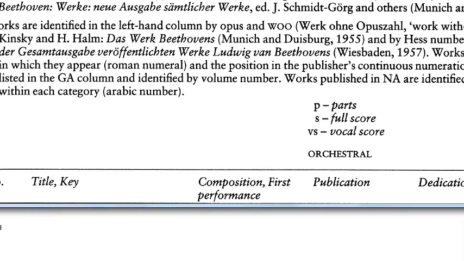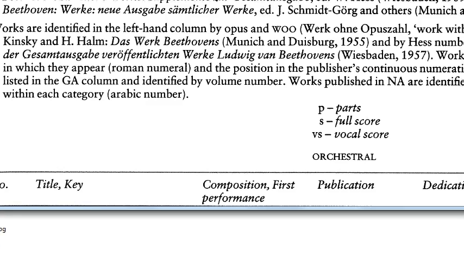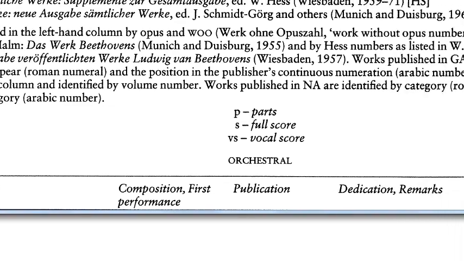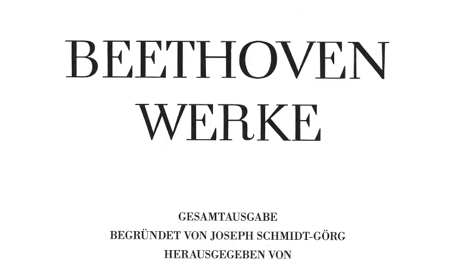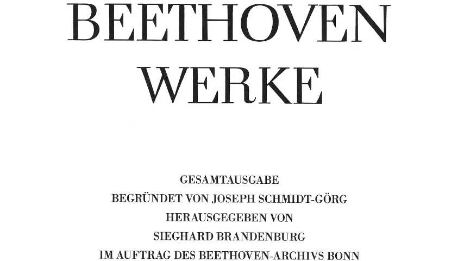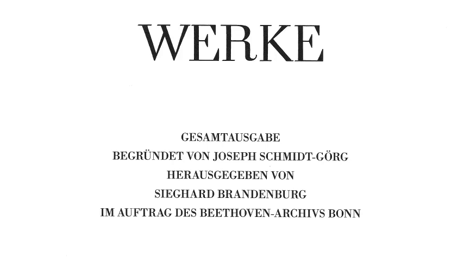Then, the Neue Ausgabe Sämtliche Werke, begun in 1961 and abbreviated NA for Neue Ausgabe. Note that the words Neue Ausgabe Sämtliche Werke do not appear on the title page of volumes in this edition. However, the editor's name, Schmidt-Gerg, does match.